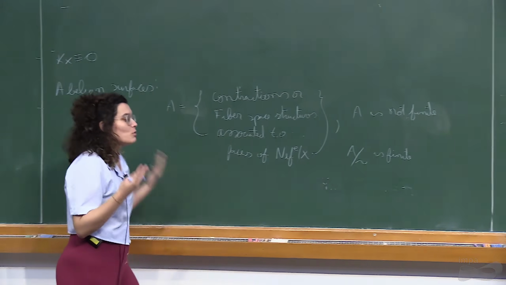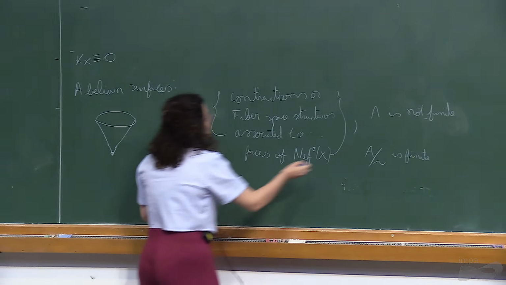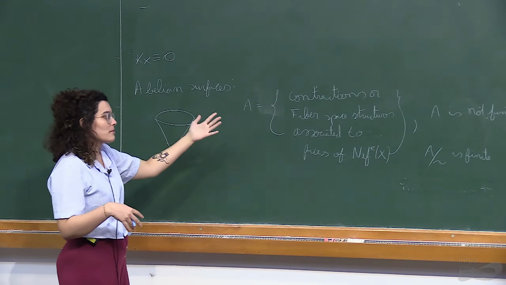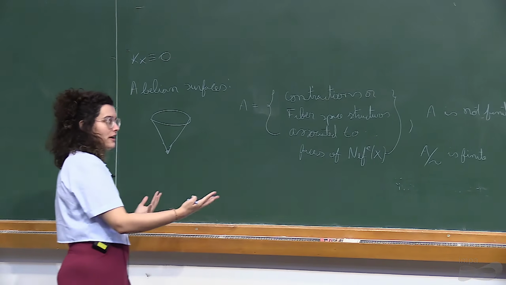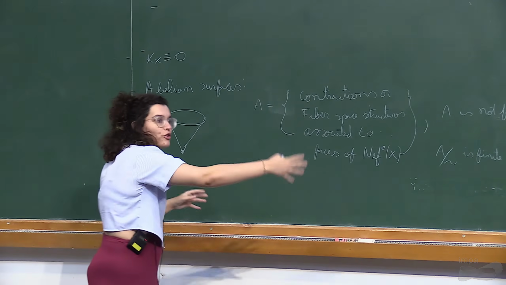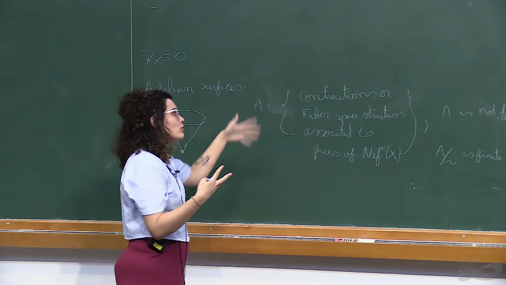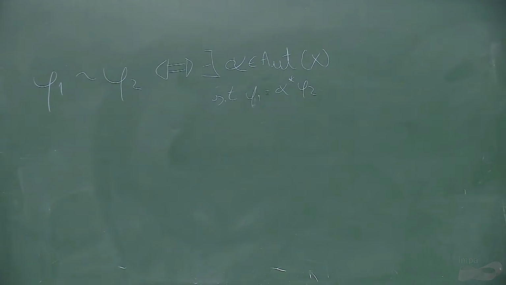What I want to say is that although we don't have a finite number of contractions or fiber space structures, I can choose a finite number of them, and with the automorphism group of my variety, recover all the contractions or fiber space structures, just by acting the automorphism group on this finite number that I chose.